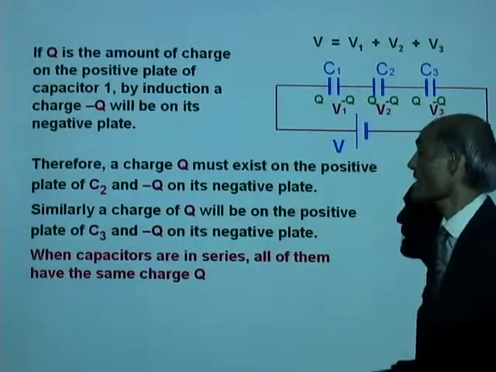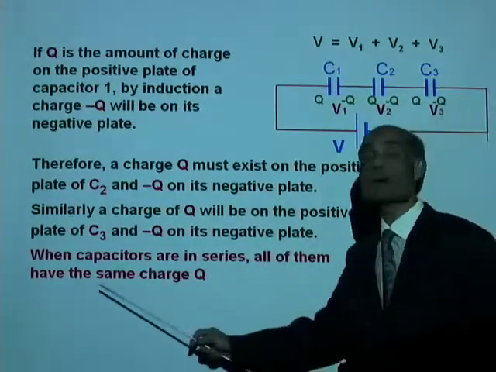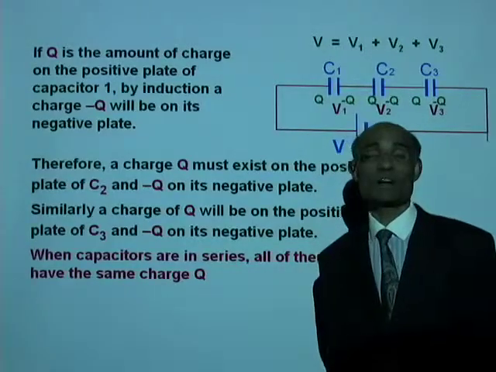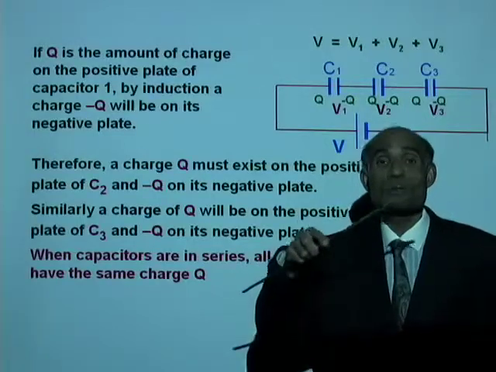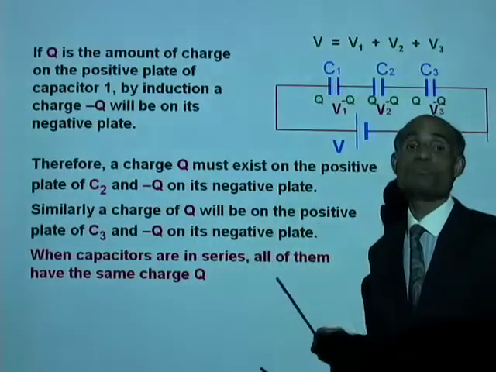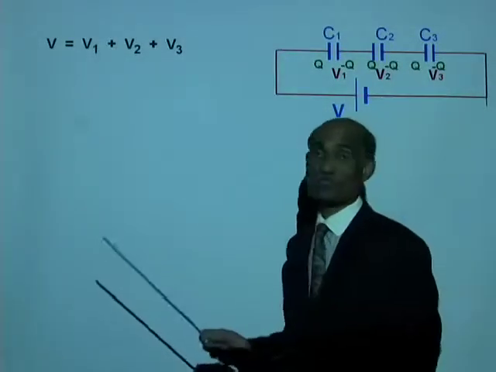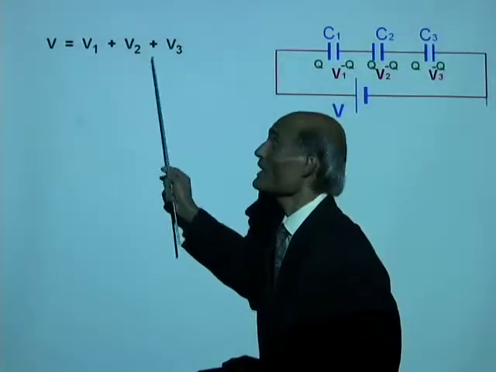When capacitors are in series, all of them will have the same charge. The same charge Q, which is the total amount of charge that is removed from the battery. So, this is the potential equation.